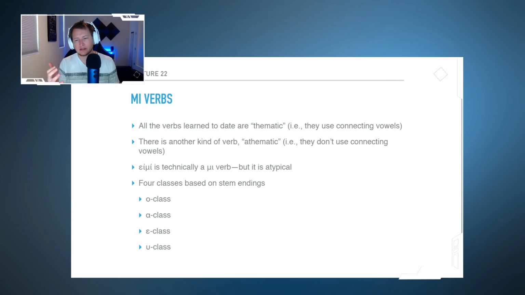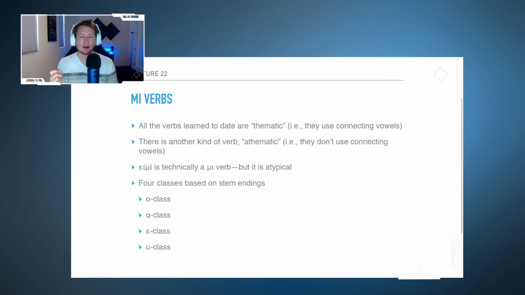All that means is they use a connecting vowel, right? You have your verbal stem, your tense stem, then you have a connecting vowel, and then you have either a tense formative or your ending, okay?